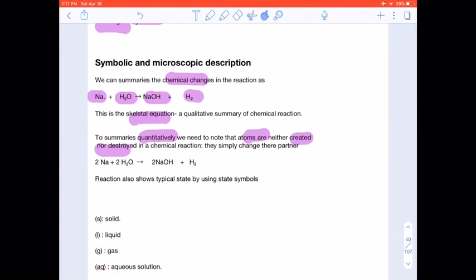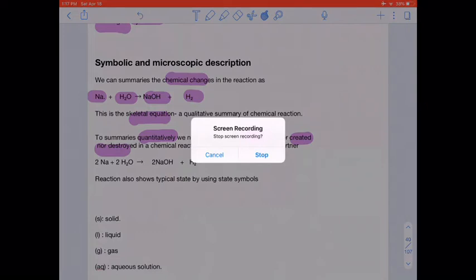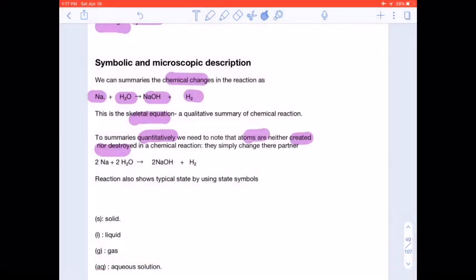Right, so if we look at that, since atoms are neither created nor destroyed, in a classical sense, we see that we have here now 2Na.